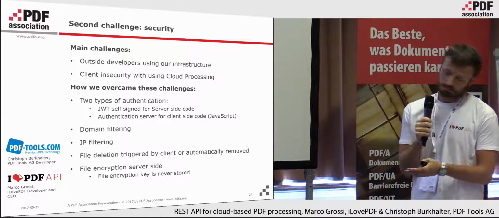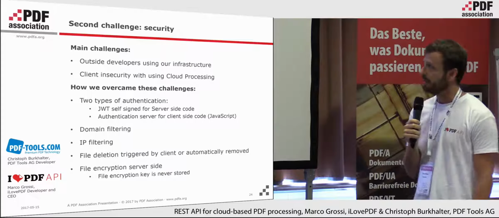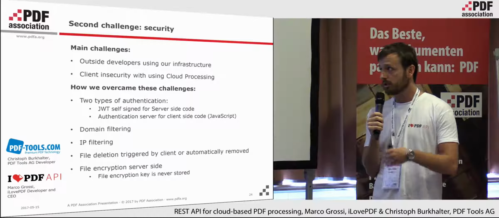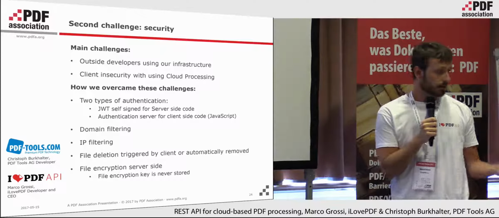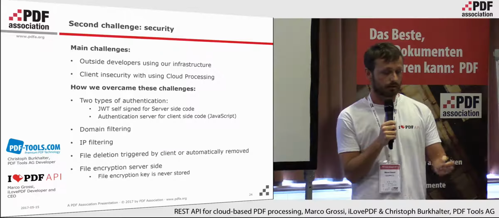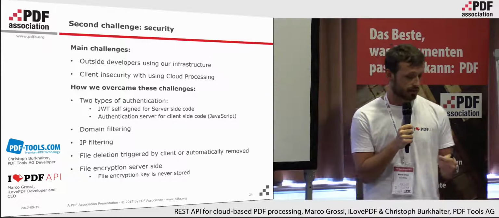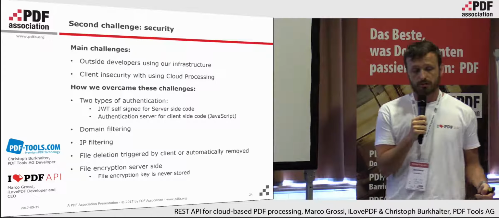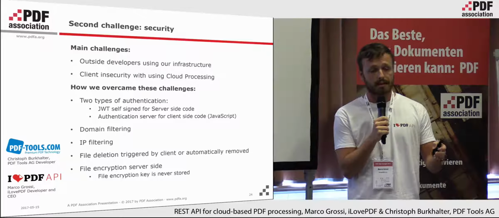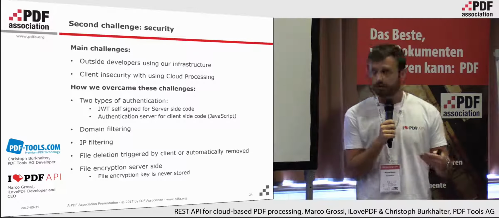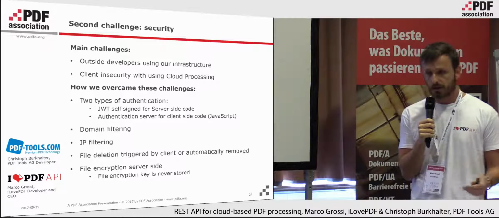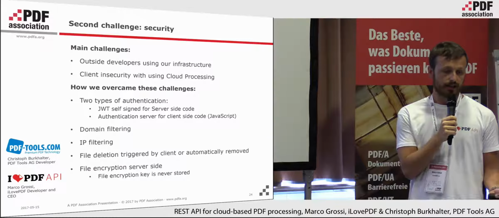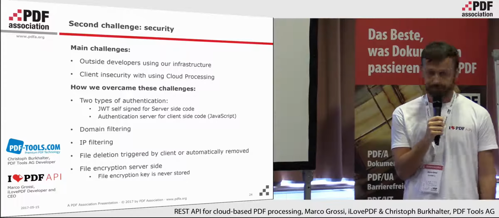So how did we resolve the problem of security? We offer two types of authentication: JSON Web Tokens, which is a standard. It's a token that signs the client of the API, and for client-side code like JavaScript, we offer an authentication server so the client does not expose the private key.